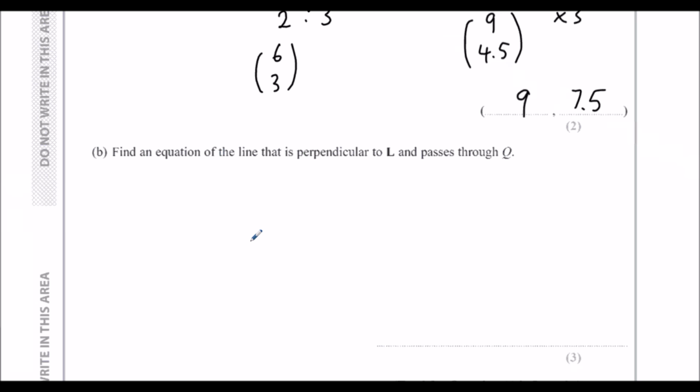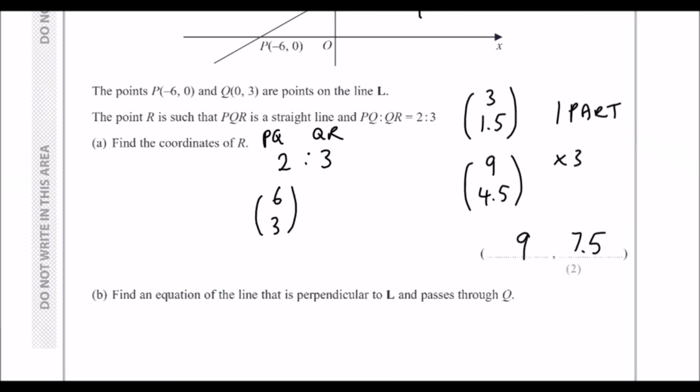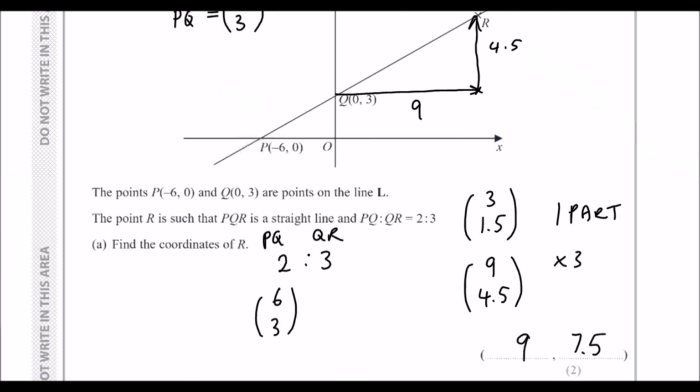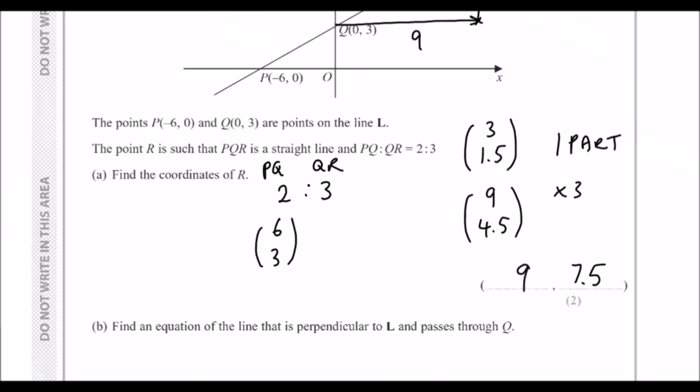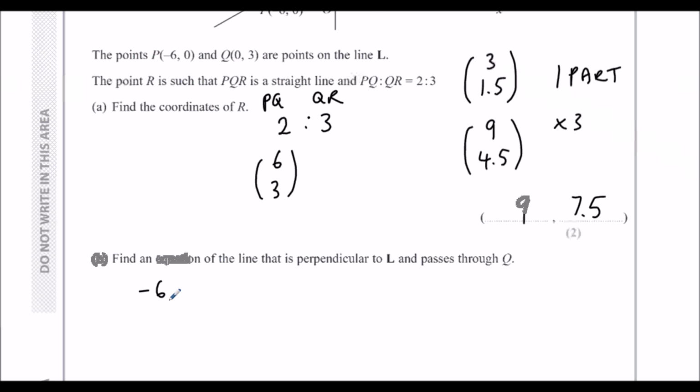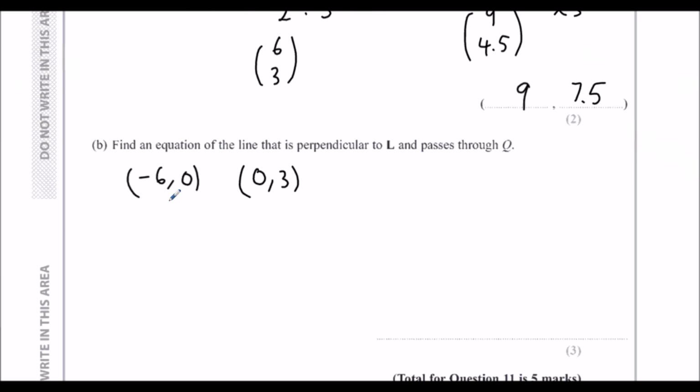Part B, find an equation of the line perpendicular to L that passes through Q. So we need to know the gradient of L. So we know it goes through -6, 0 and 0, 3. So I'll say the gradient is the change in the y divided by the change in the x.